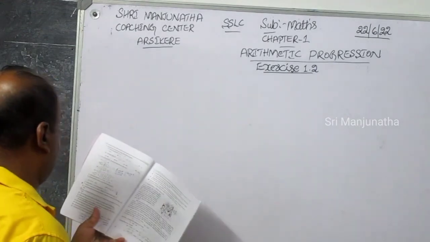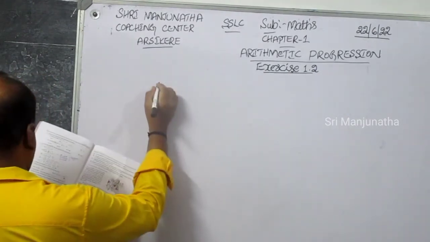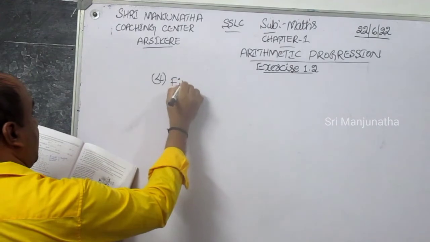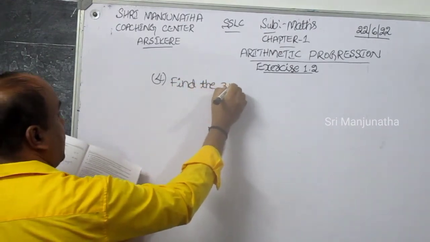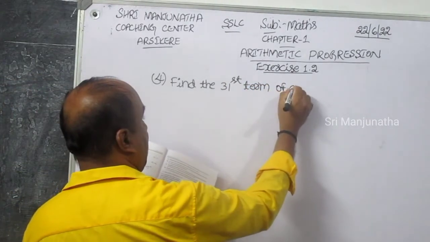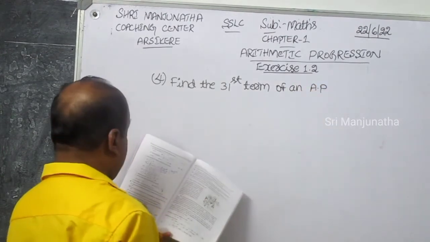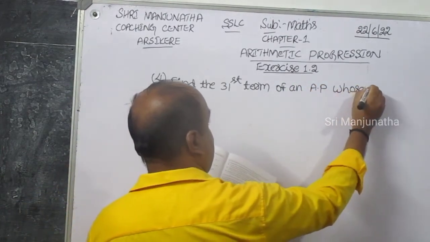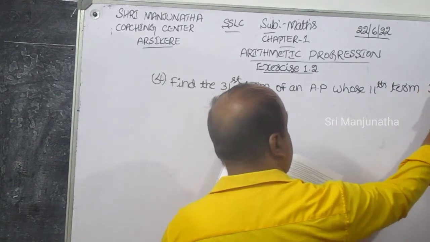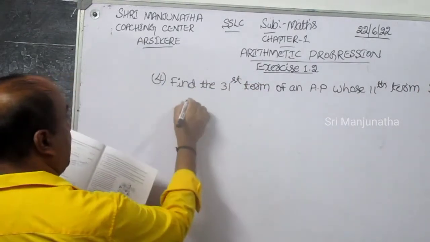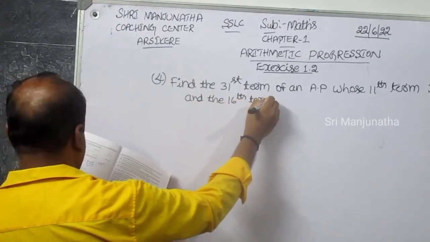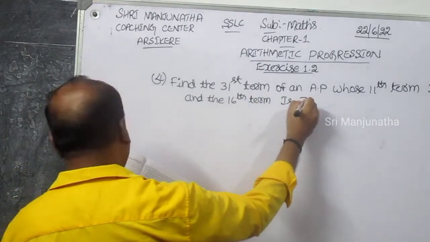Continuation, exercise 1.2. Find the 31st term of an AP whose 11th term is 38 and the 16th term is 73.